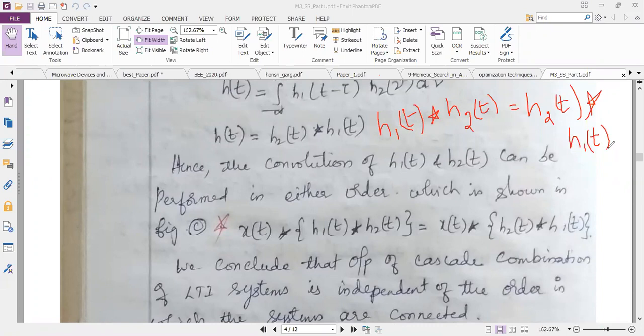Anybody remembers that? Commutative property. Very good. So I can say for cascade connection of two LTI systems, there are two properties applicable. One is the associative property, the other one is the commutative property. So with this, your system interconnection topic as per the syllabus is completed.